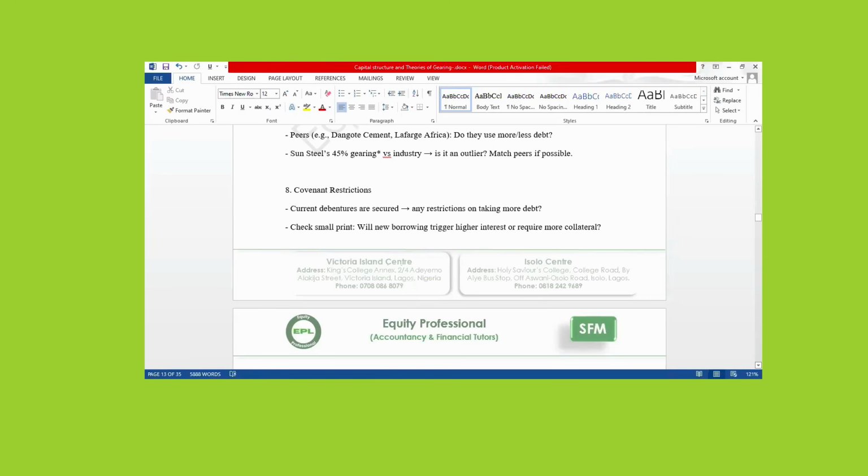These conditions are called debt covenants, conditions attached to the loan. Some conditions can say, I'm giving you this loan today, but with this loan, you cannot borrow money again unless you repay my loan. That means there's a restriction on further borrowing.